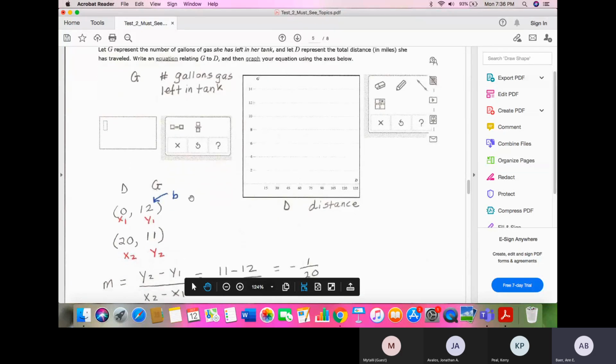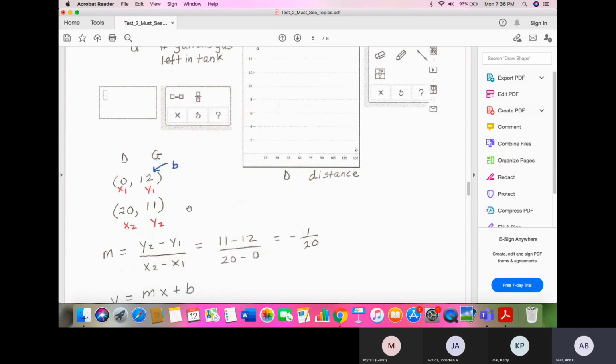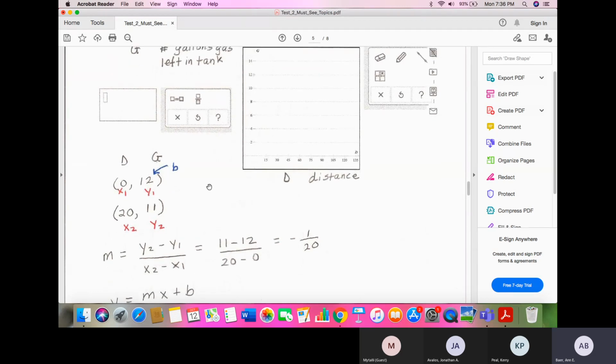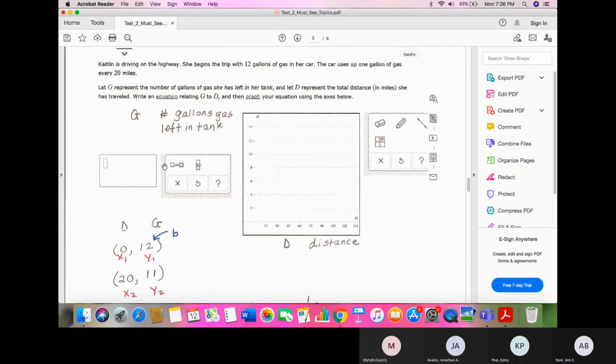You can work X and Y through the problem, but when you are typing in your answers, make sure you convert back to D and G. So what we want to do, and you can assume that we're going to get a linear graph here, you need 2 points to determine a line.